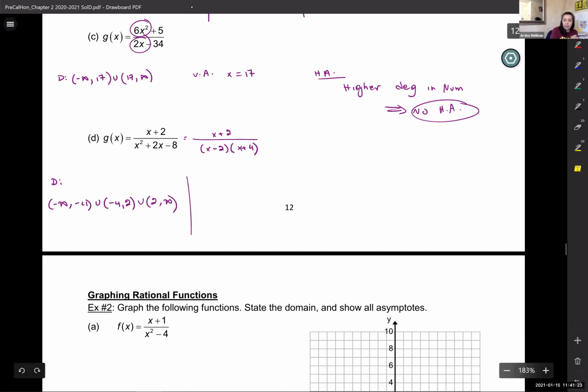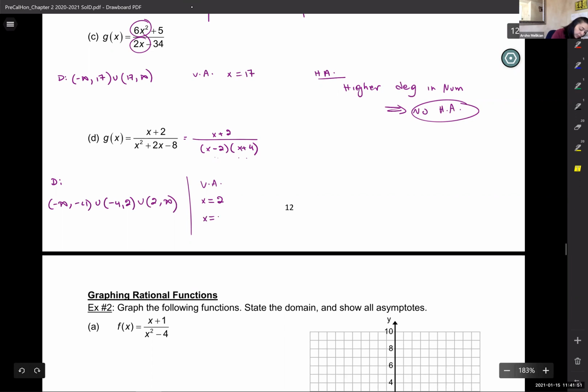What's the vertical asymptote? Now, here's where it's important. Look at the denominator. Do any of these terms cancel with the numerator? They don't. That means both of those terms give you infinite discontinuities, so both of them give you vertical asymptotes.